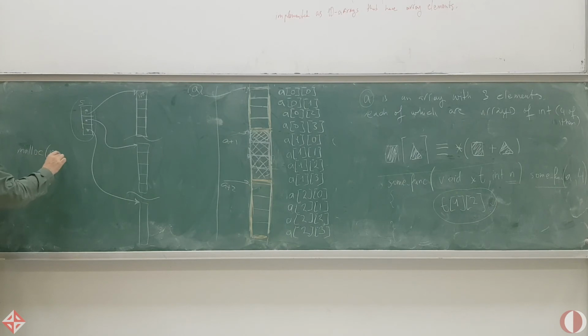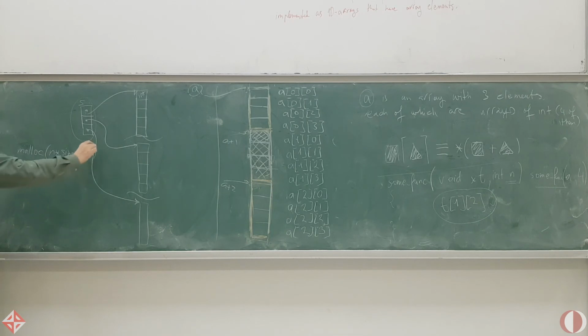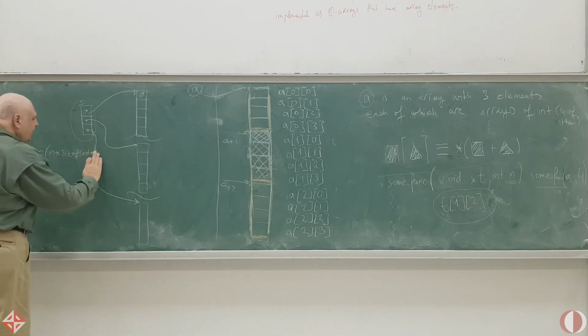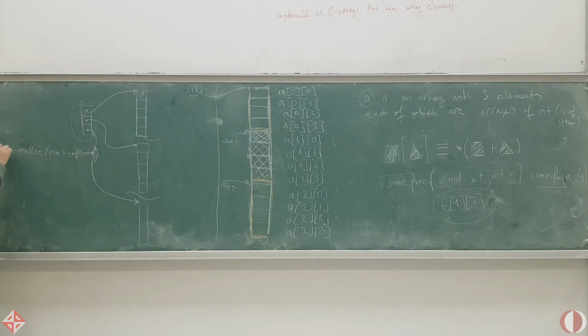n times size of integer pointer. Who cares what pointer it is? All pointers are of the same size. This is just to remind myself of it. So I got the position.